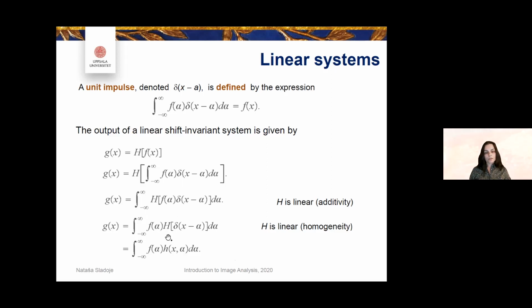Then we have simply introduced some notation for h acting on a unit impulse here, and we say that it is some function h, which in general depends on x and on this value alpha, the location of a shift.